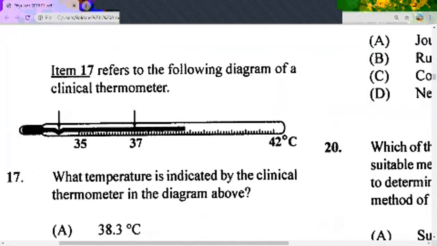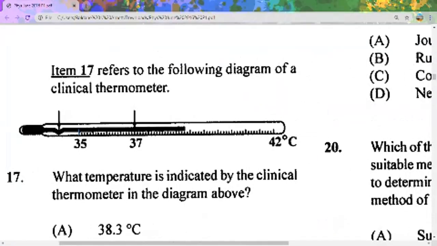So we have 35 right here. You can see a big stroke right here. And let's go in the middle. So the middle right here would be 36. So between 35 and 36, we have 10 smaller strokes.